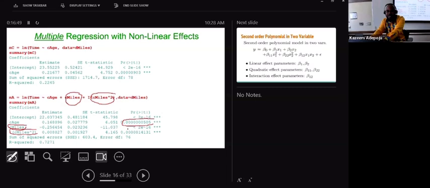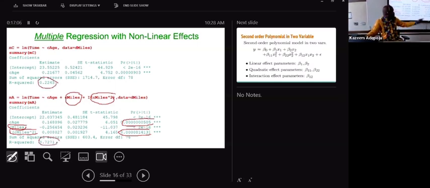Can you see the p-value? It means whatever we introduce, we have a statistical justification for that because the p-value is less than 0.05. And not only that, look at the R squared, from 22.45% to 72.71%, that's a lot of increase.